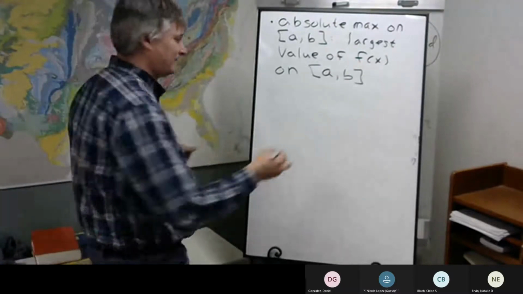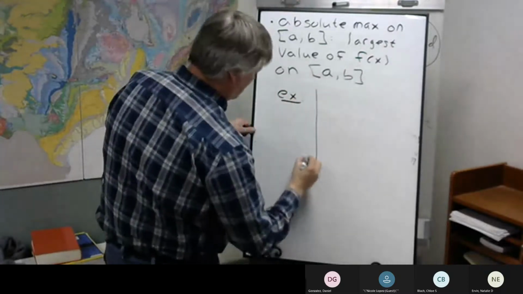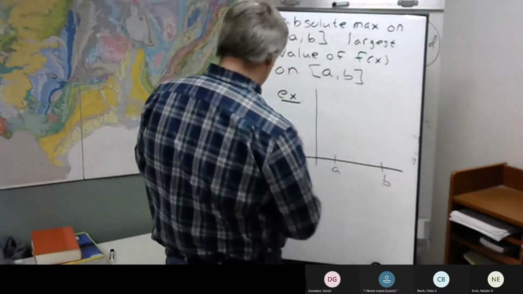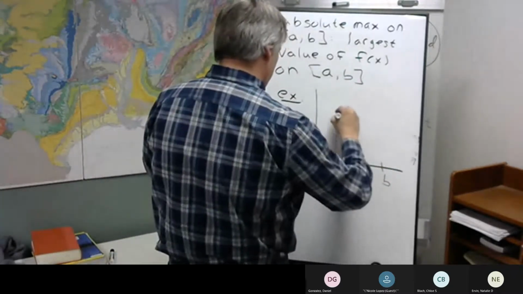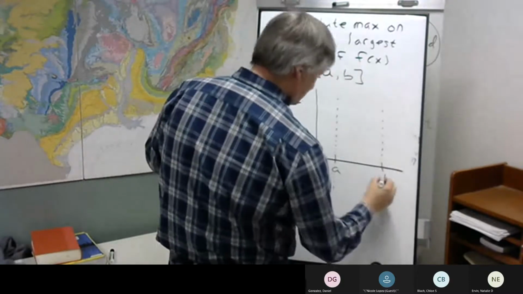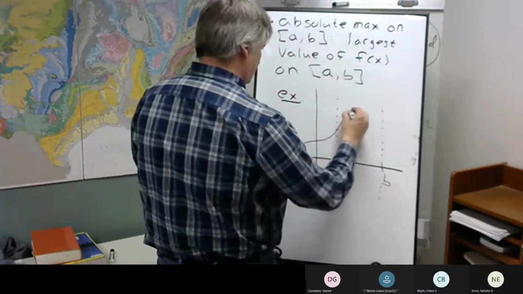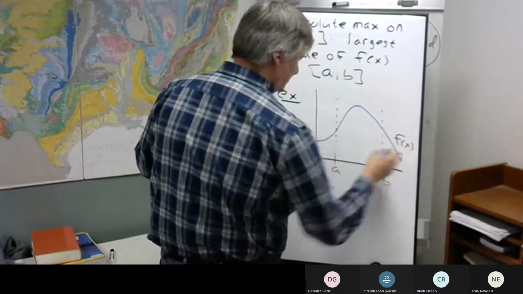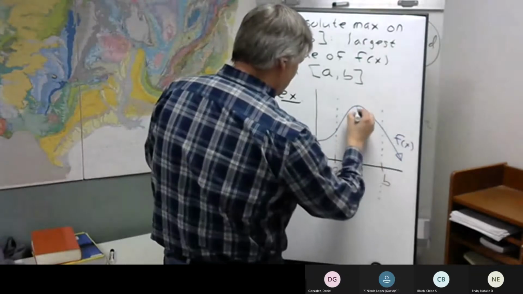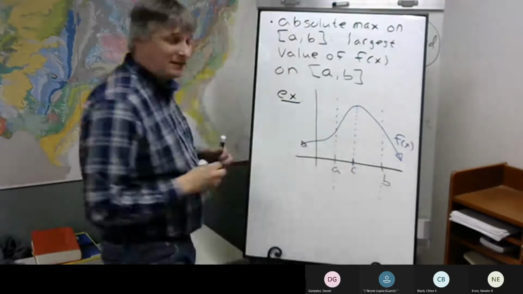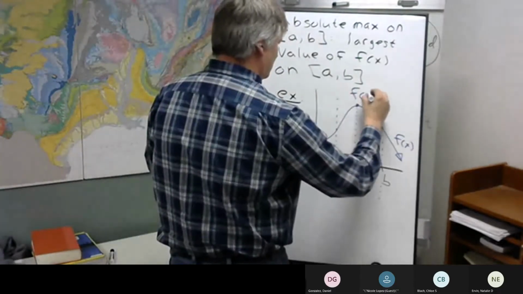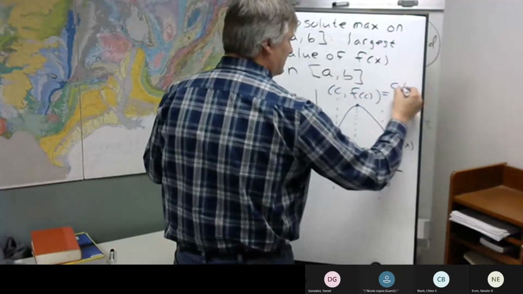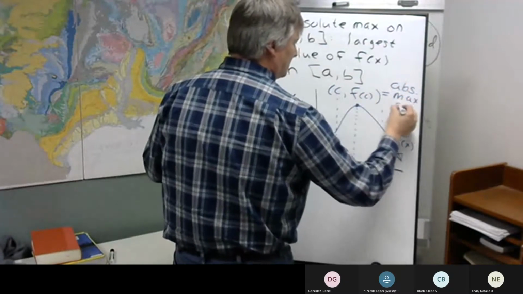So what that might look like. So if that's our f of x, got a c in there, f of c, c comma f of c is our absolute max on AB.